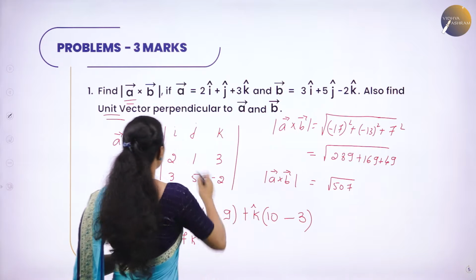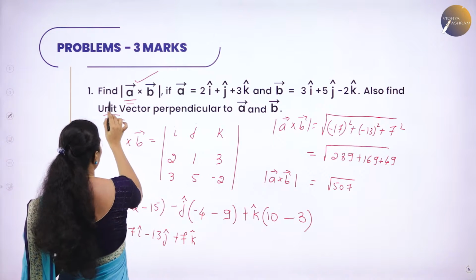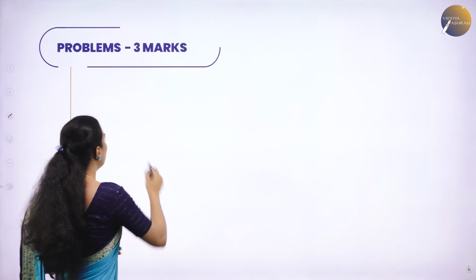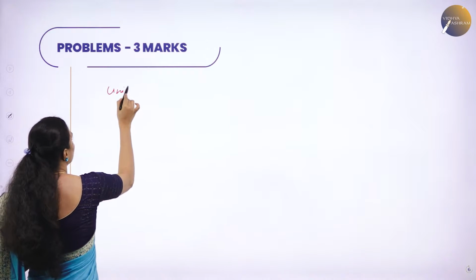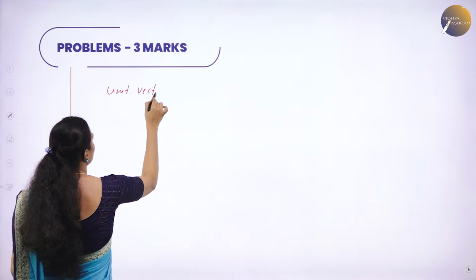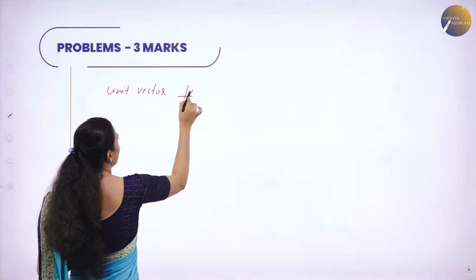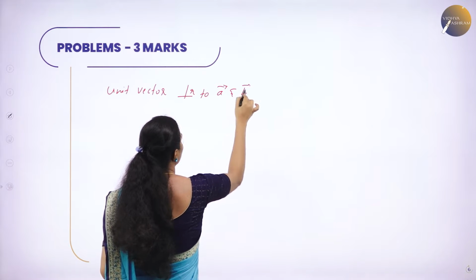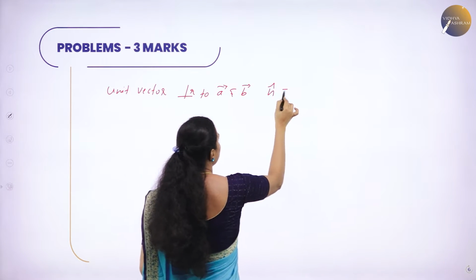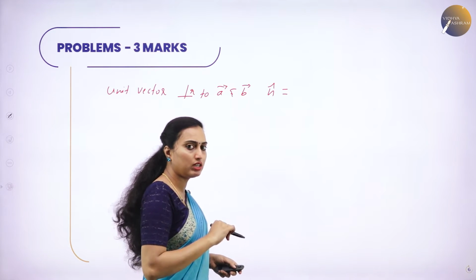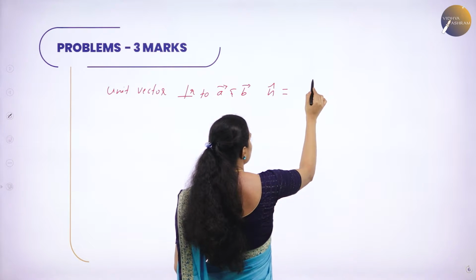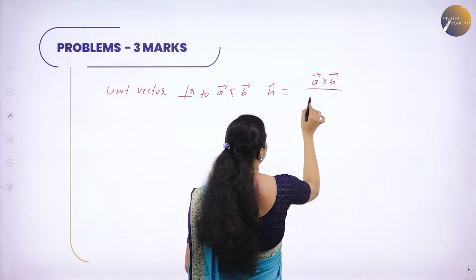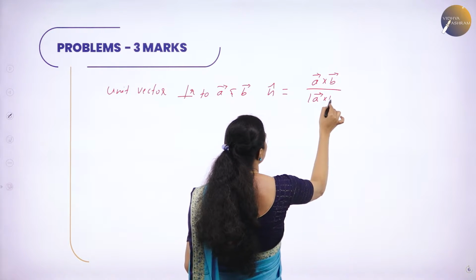So this we found out. They have asked you to find the unit vector perpendicular to A vector and B vector. So the unit vector perpendicular to A vector and B vector is given by the formula n cap equals, n cap is a unit vector as already told, A vector cross B vector divided by magnitude of A vector cross B vector.